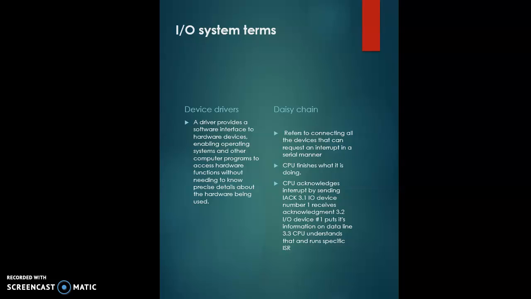So what a daisy chain does here, it acknowledges the CPU interrupt by sending the interrupt acknowledge. 3.1 Input-output device number 1 receives the acknowledgement. 3.2 The operating device inputs its information on the data line. 3.3 The CPU here understands that and runs that specific request that has been submitted.